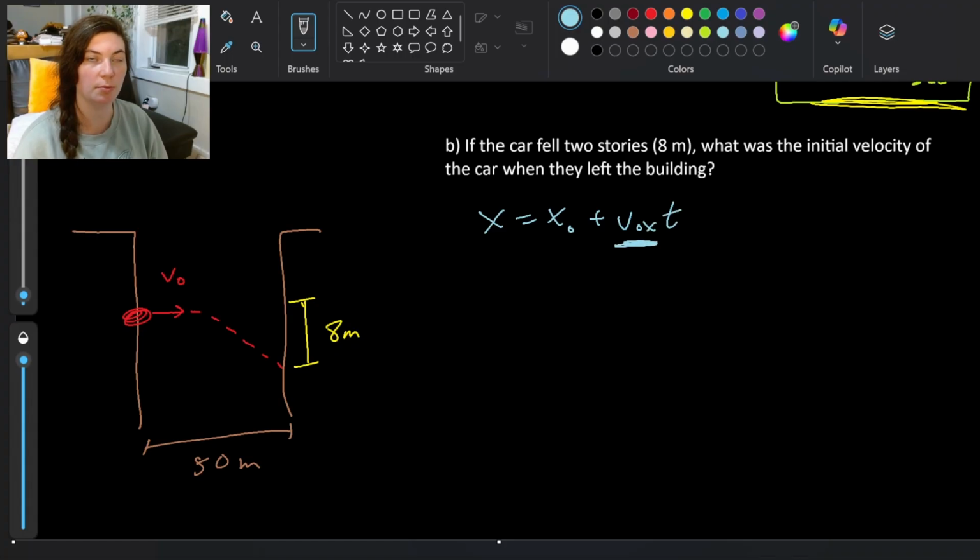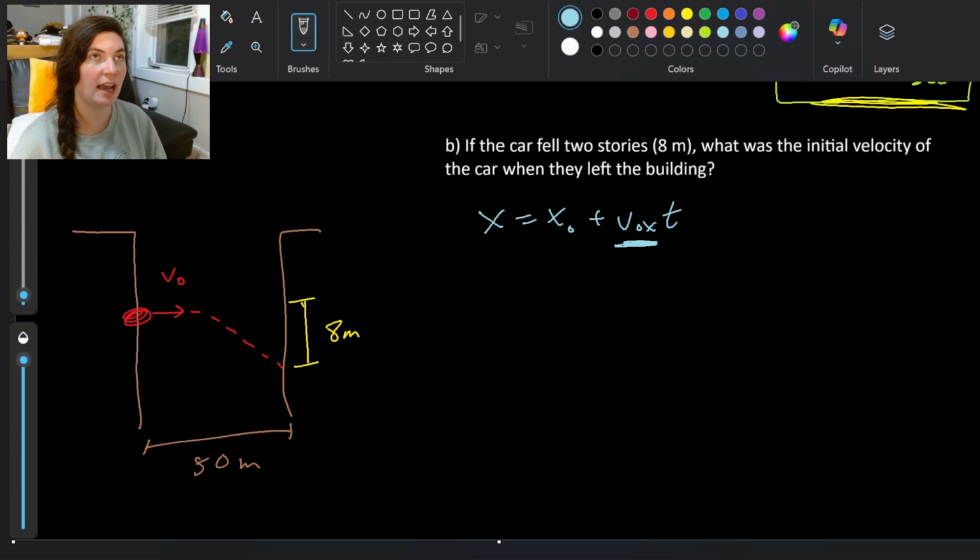There's no y component, there's only x component. But we don't have a time, right? So we're going to have to use another equation in order to find a time to substitute in here in order to find this v naught x.